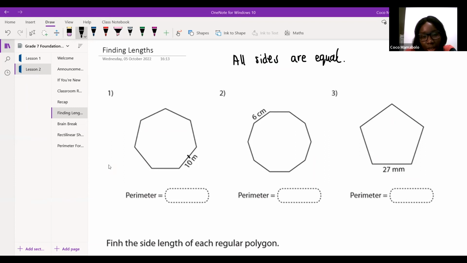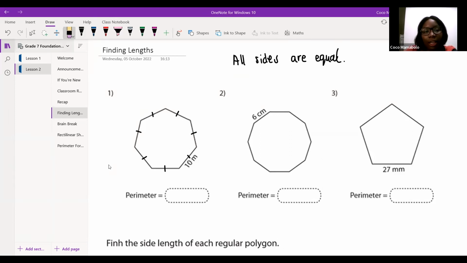Let's count. 1, 2, 3, 4, 5, 6, 7. Not centimeters. Nokwezi. Keisha, count again. You're missing it by just a little bit. Good, meters.